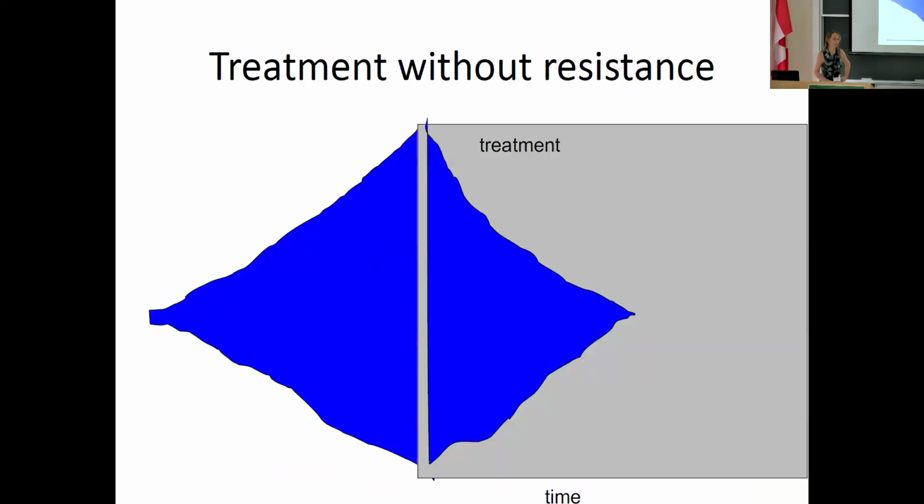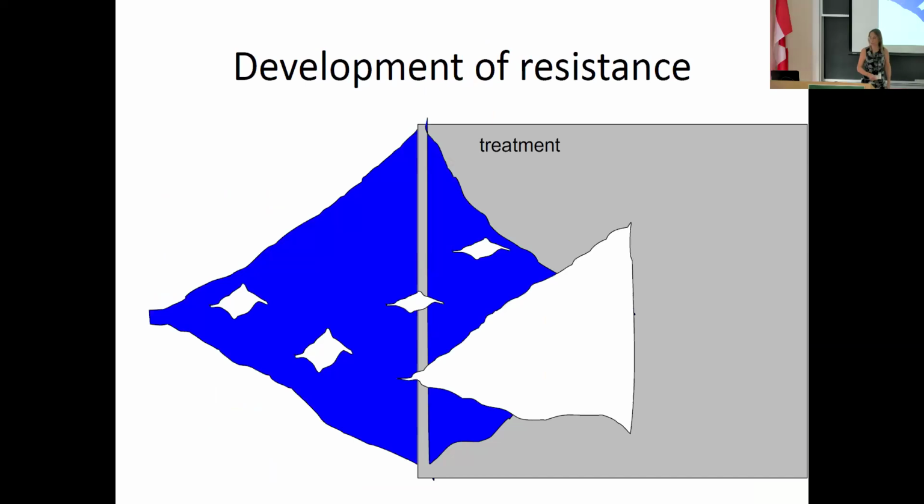And here's a simple diagram of how we can view the process of treatment and resistance. This is not a simulation, it's just a schematic. So the cancerous colony grows, and we start treatment. And in the best case scenario, the colony stochastically shrinks and is gone. Now, as the colony divides, it undergoes many cell divisions.